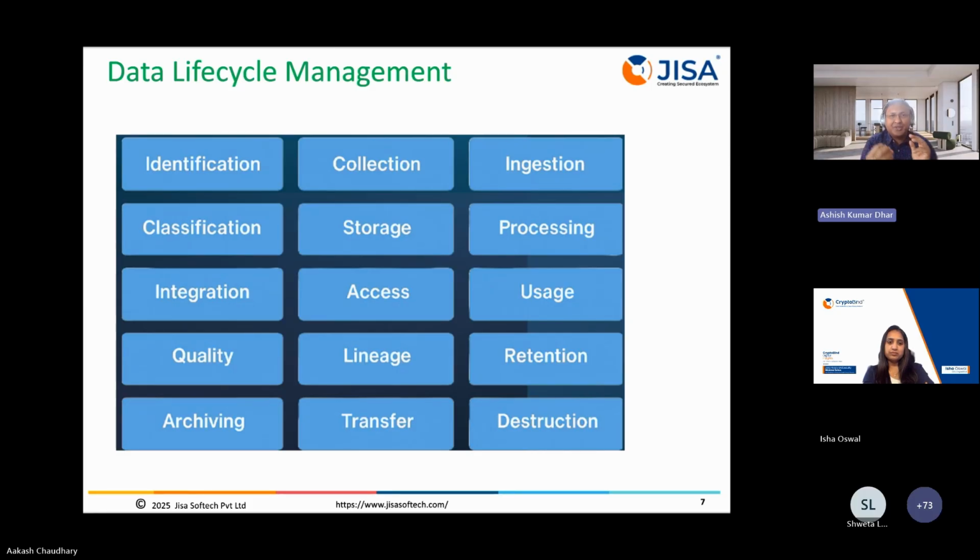You have to ensure that his or her data is properly updated, is properly protected, and you are retaining the data even after 1 year of the customer leaving you or disassociating from you.